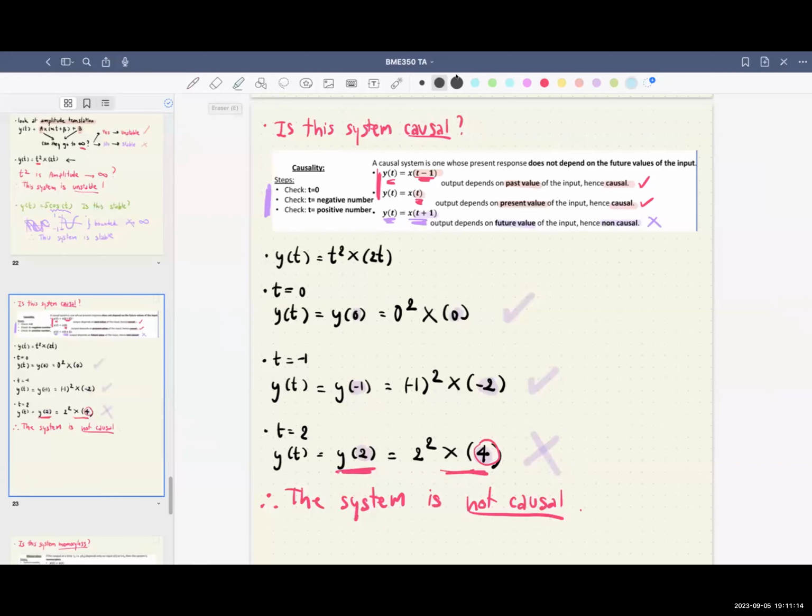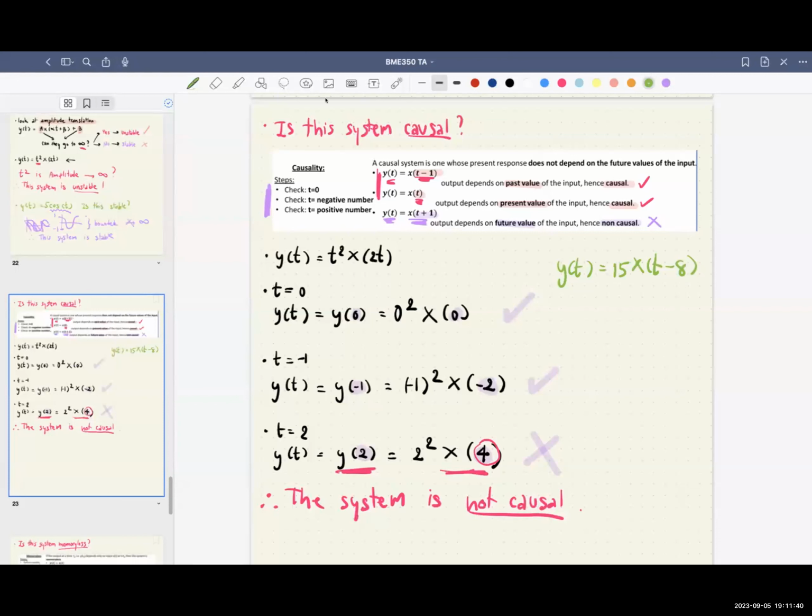Let's say, for example, I have this system, y of t equals 15 x of t minus 8. Is this system causal or not?